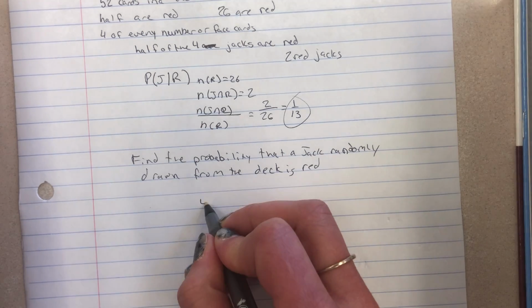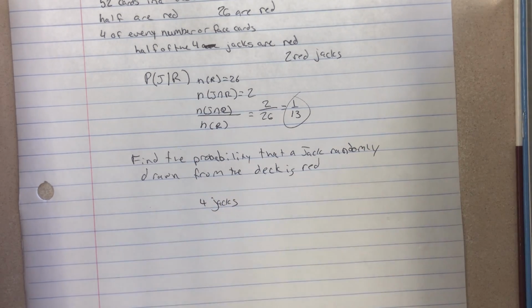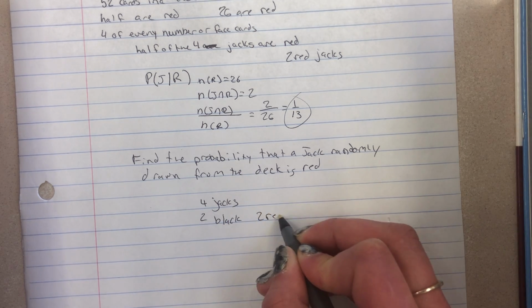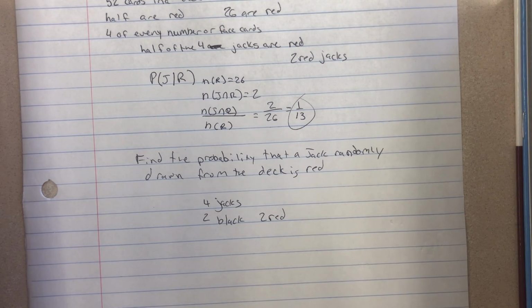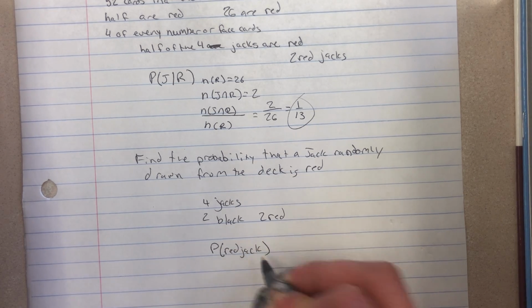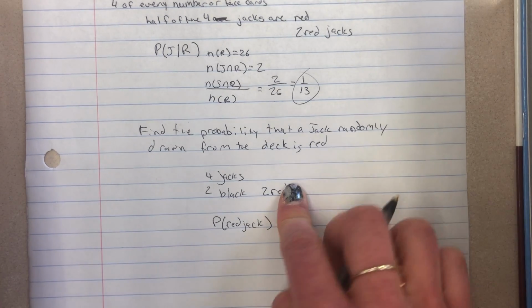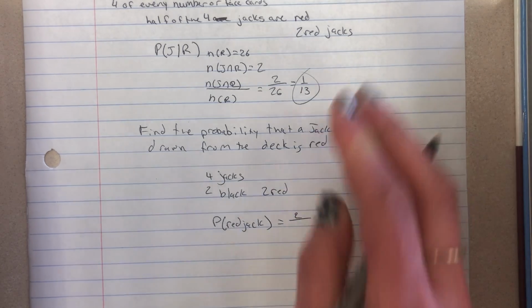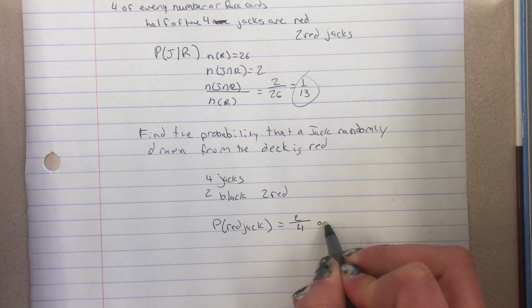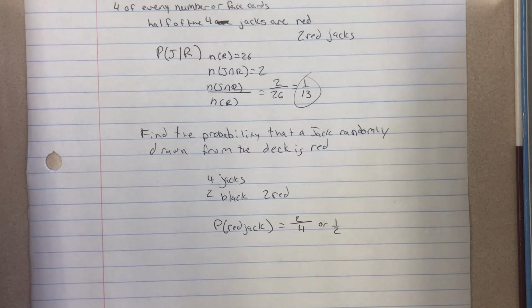Well, we know that there's 4 jacks, 2 black jacks and 2 red jacks. We want to find the probability that the jack we already drew is red. So again, we're going to set it up. The probability of a red jack is going to be the total number of red jacks, which we know is 2, over the total number of jacks because we know we already drew a jack. So it's going to be 2 over 4, or 1/2 probability.